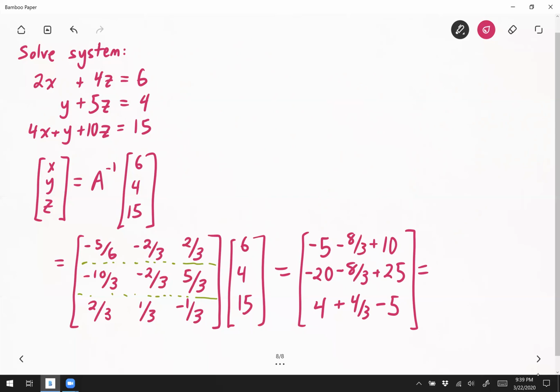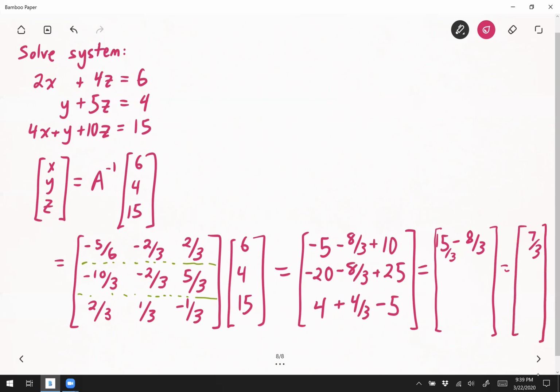See what we can do here. So we got 5 minus 8/3. 5 is the same as 15/3. So that's going to be 7/3 when all is said and done. So I have a minus 20 plus 25. That's going to give me 5 minus 8/3.